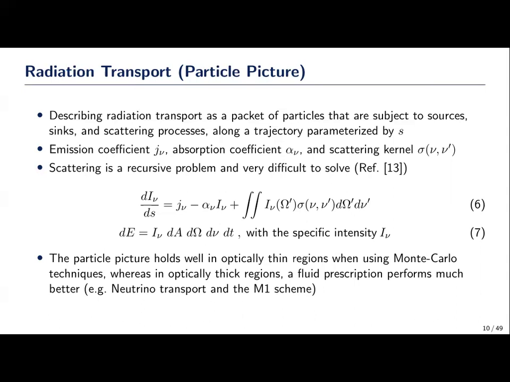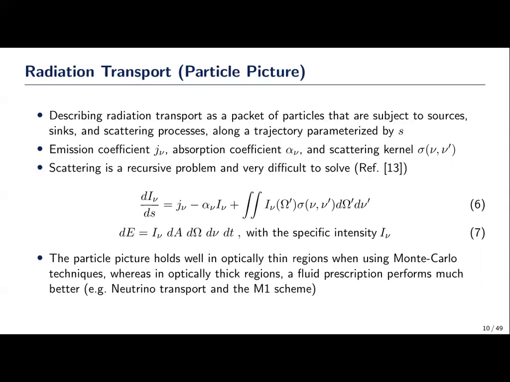Maybe worth mentioning is that in optically thick media, which is not what we have around supermassive black holes in our simulations at least, the particle picture with this equation is terribly difficult to solve. But the statistical description, which leads us to a formulation in terms of partial differential equations, that is the M1 scheme, for example, for neutrino transport in neutron star mergers, performs extremely well in optically thick regions.